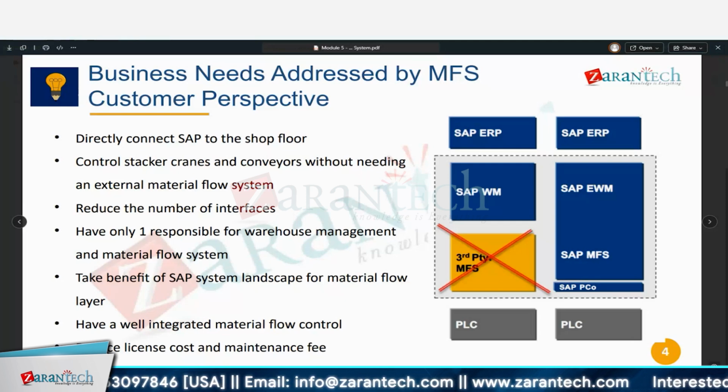If you have ever seen an automated warehouse, when I say an automated warehouse, I mean most of the processes are happening automatically without any manual intervention or any physical person doing those activities.